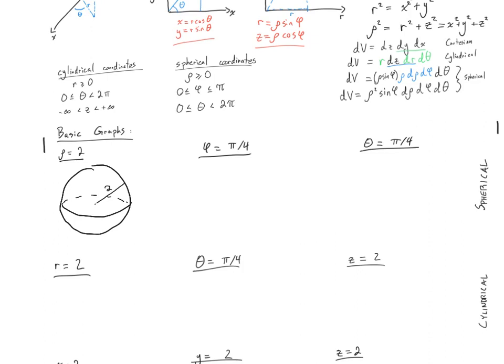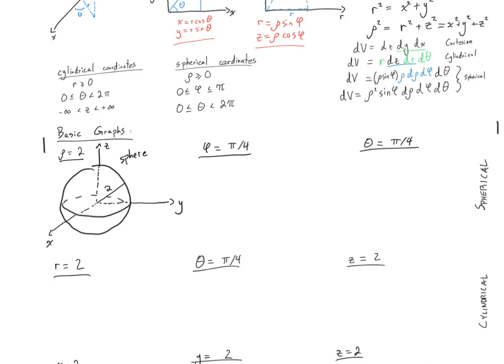And then if I also draw my x, y, z coordinate axes in here, they might look something like this. So let's label these. This is going to be x, this will be y, and here's z going up. And so this is a sphere. So if rho is constant, you're actually just looking at a graph of a sphere.